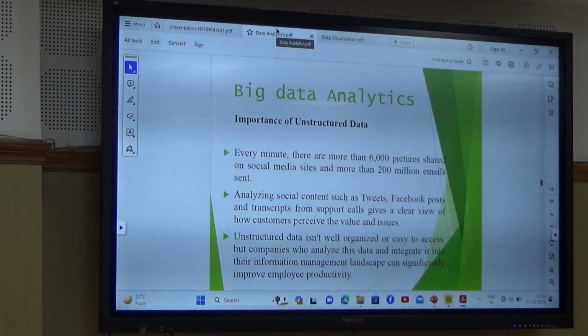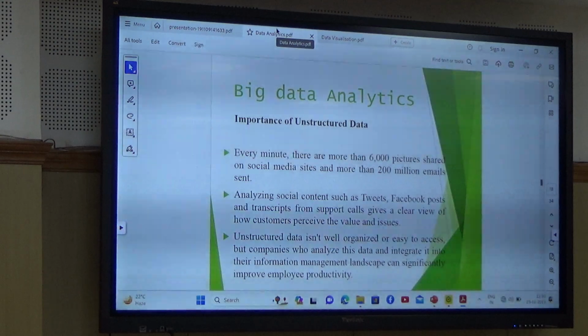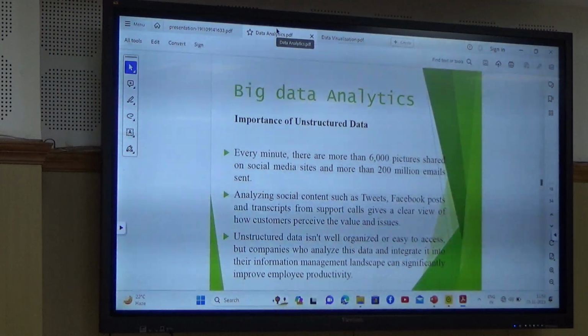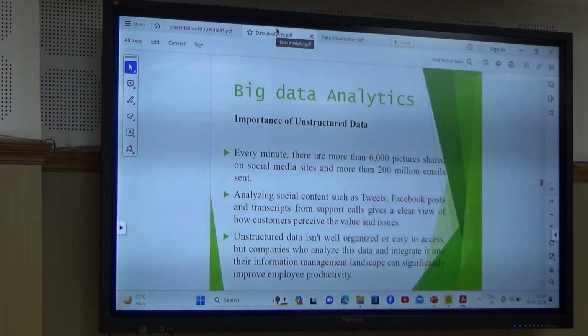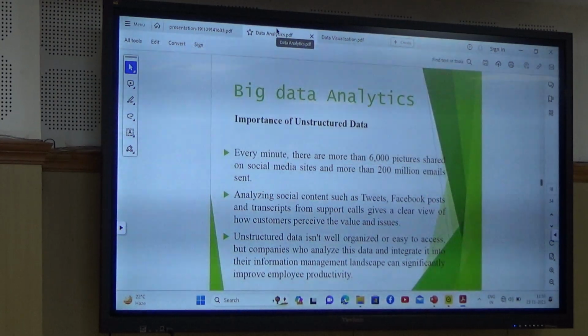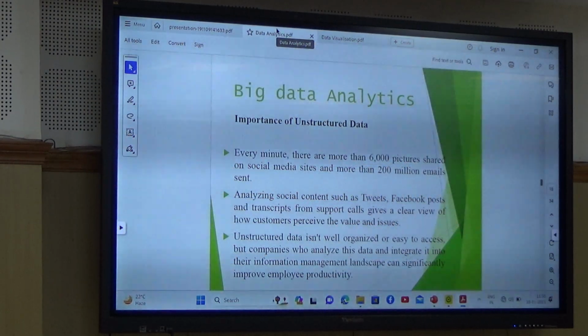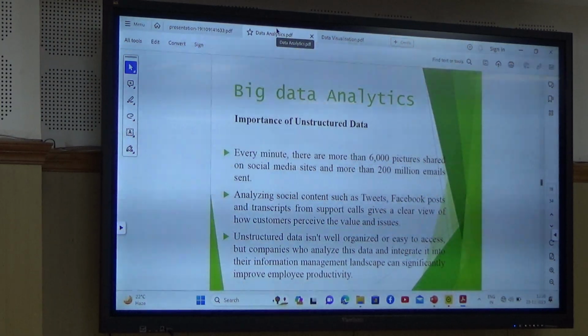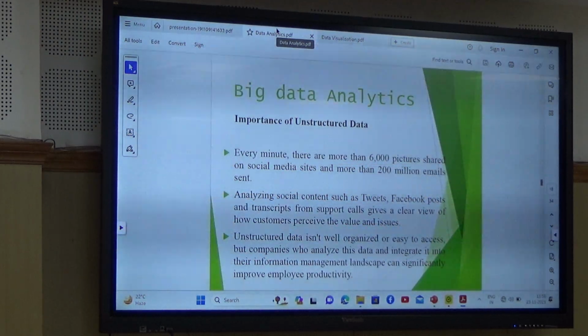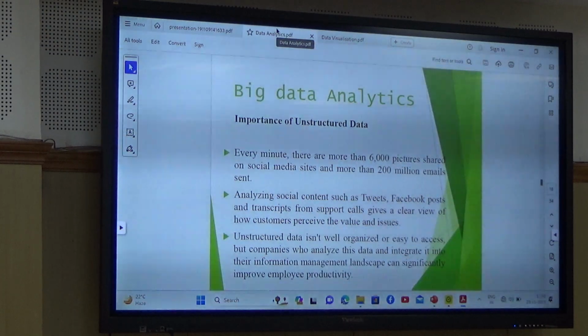Okay, how can you approach the data analytics part? When every minute there are more than 6,000 pictures shared on social media, and this is again an assumption, it could be more than that, and 200 million emails are sent, how are you going to analyze social content such as a tweet, a Facebook post, a review, or a customer perspective?